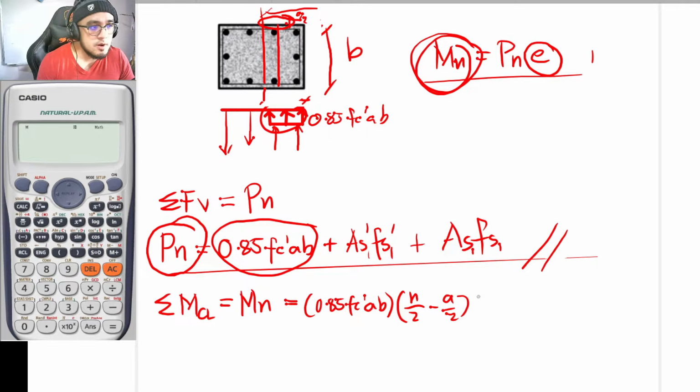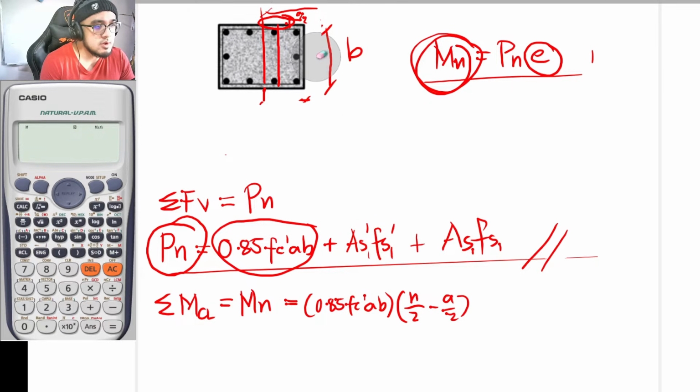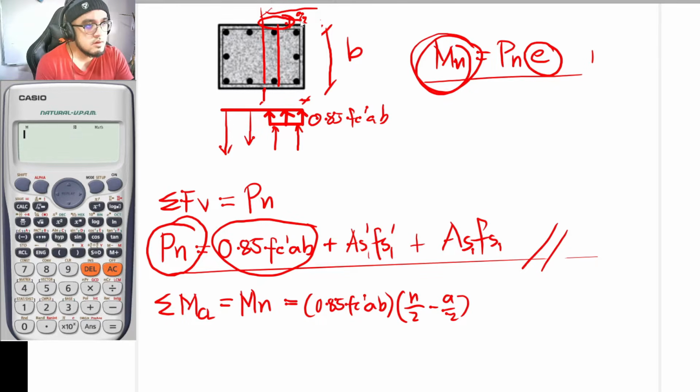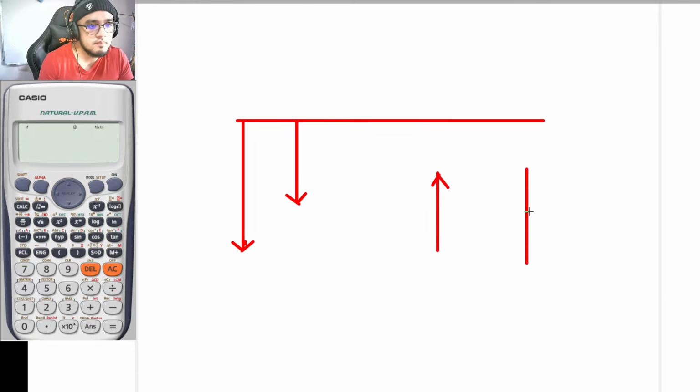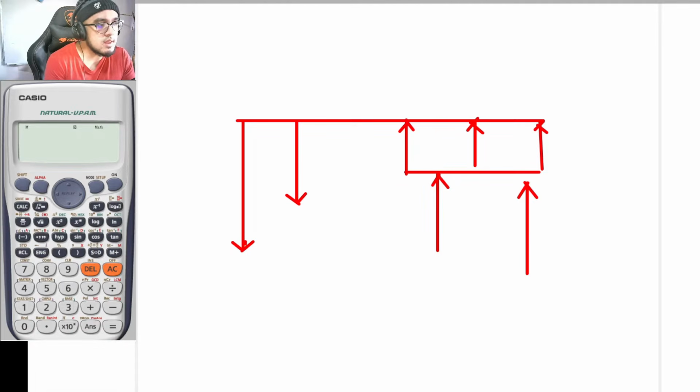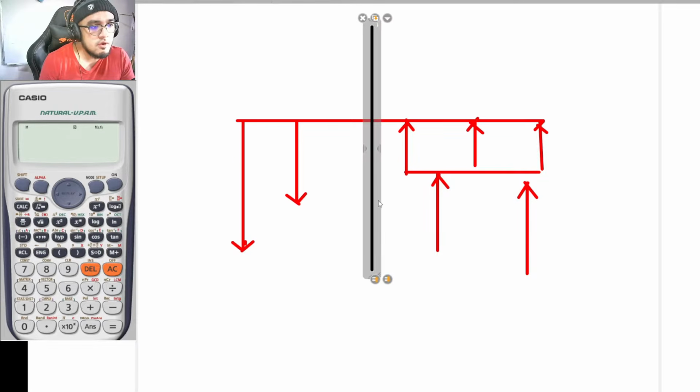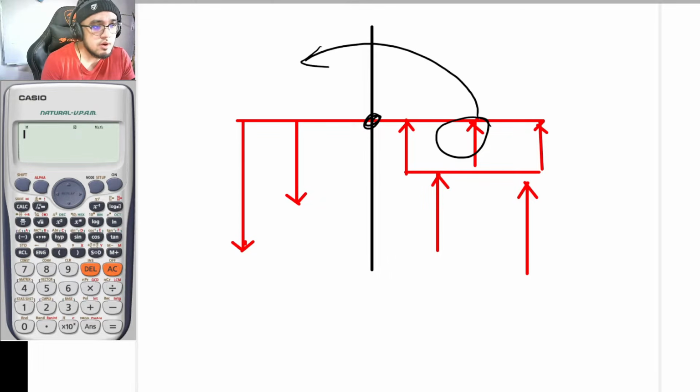So, by the way, guys, if you would be getting the moment about the center line, I would just be rewriting this to our next slide. So if you would be getting the moment about this point, which is the center line, all of them are going counterclockwise. So if this is your lever arm, this force is going counterclockwise.